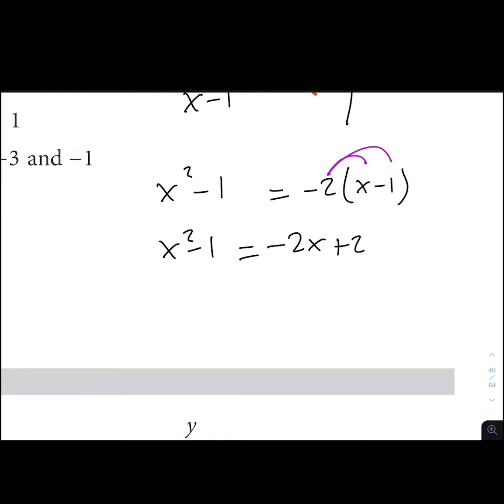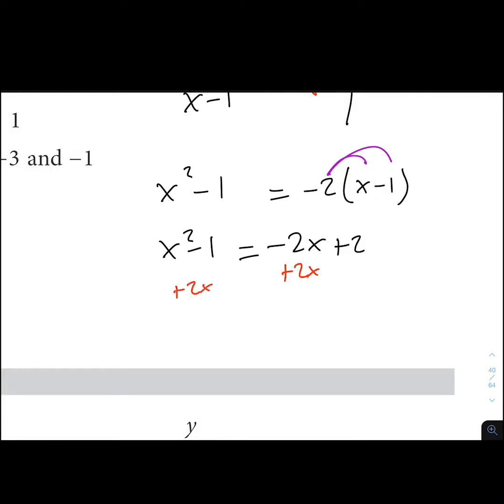And since I have an x squared, that means I have a quadratic. So we need to make the right side equal to 0. So let's move everything that's on the right to the other side. I'm going to add 2x here, and I'm about to do a lot of steps. You can either do this all in one step or break it apart like I'm doing right now.